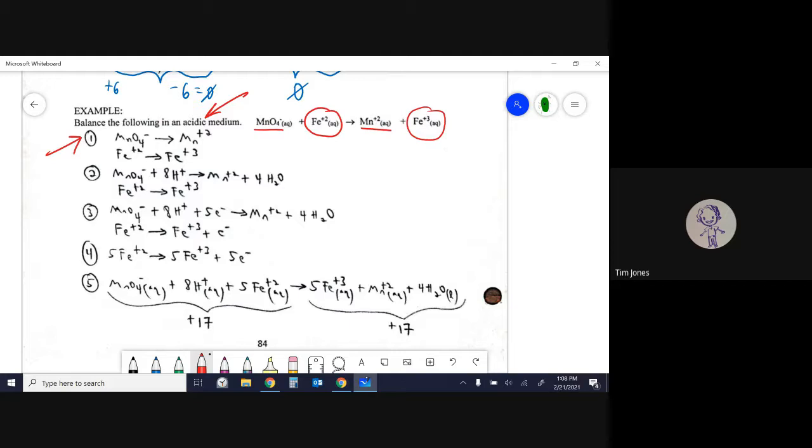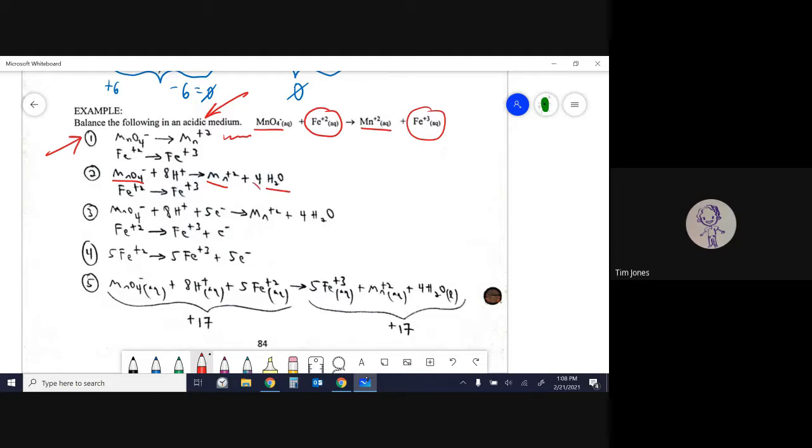Okay, well, MnO4, I said that funny, is becoming Mn plus 2. But I don't have any oxygens on the right side of my equation up here, so I have to add them. The only chemical I can add that has oxygen is water, and to get 4 of them, I add 4 waters.